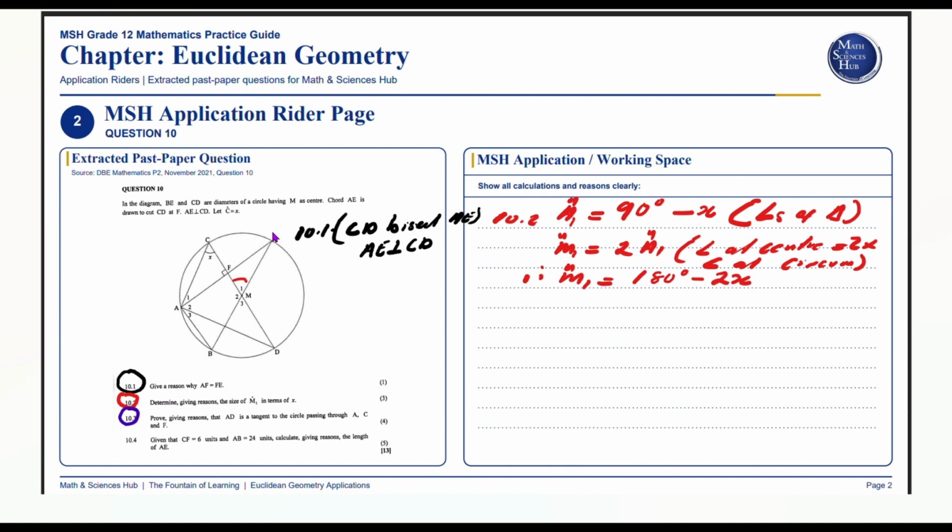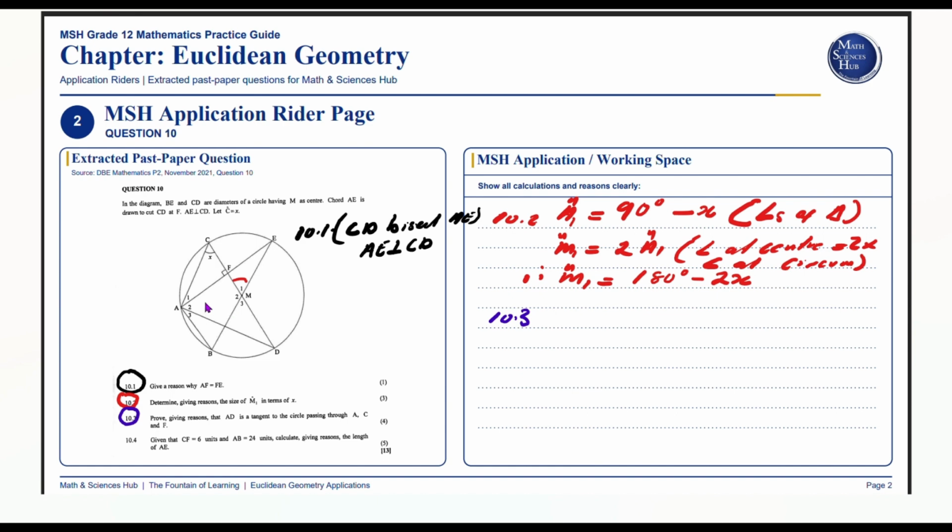It says prove, giving reasons, that AD is a tangent to the circle passing through A, C and F. So there is an invisible circle that passes through point A, point C, and point F. Now you need to determine that this AD is tangent to that circle. 10.3. There are many ways to kill a cat, but I'm going to show you my way.